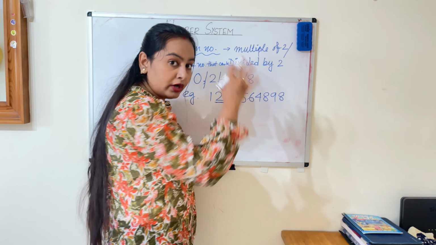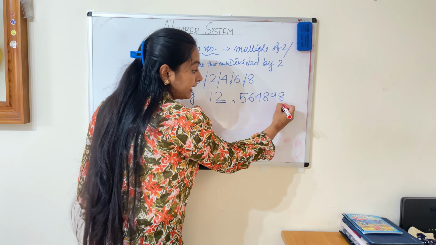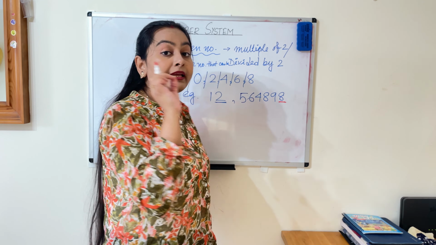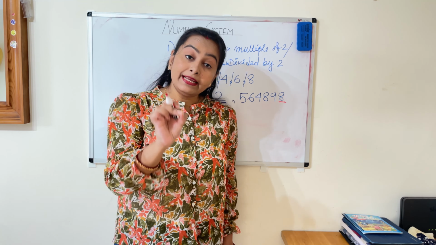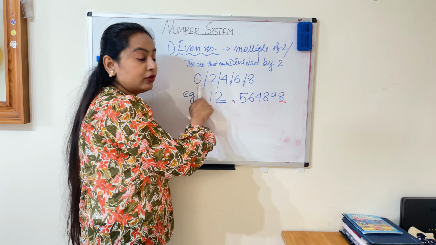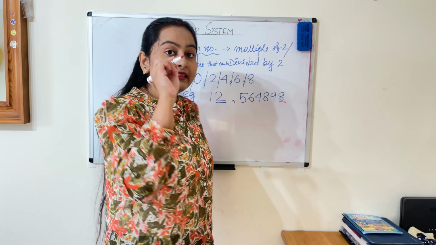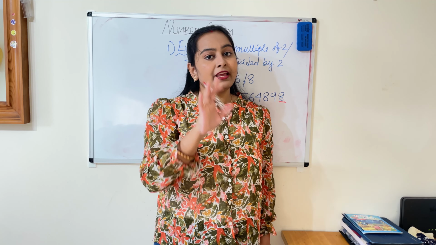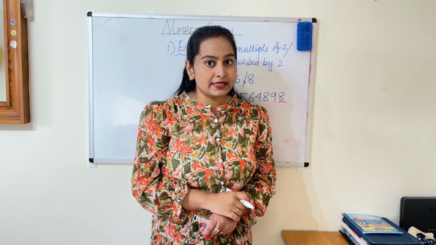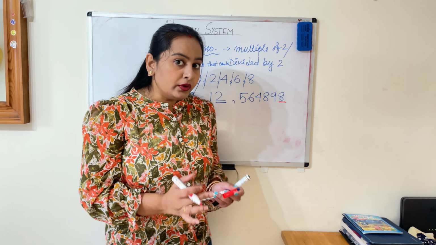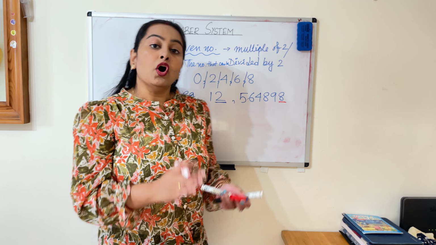We have to focus on the ones place or the unit place. If the digit is either 0 or 2 or 4 or 6 or 8, then that number should be considered an even number, right? It's very easy.